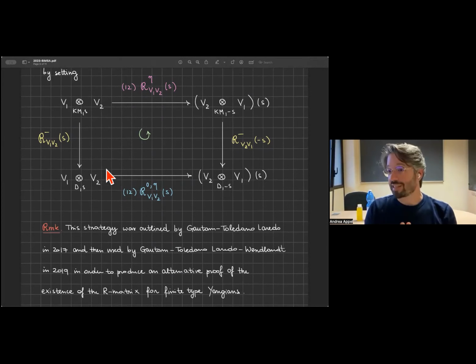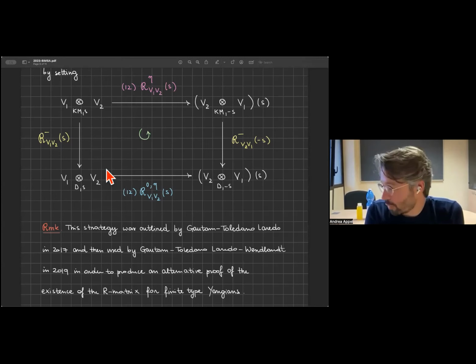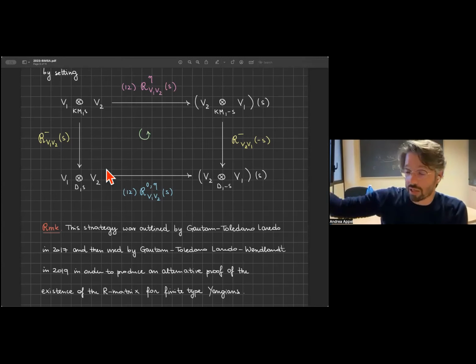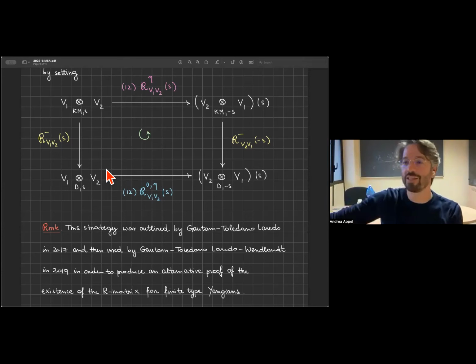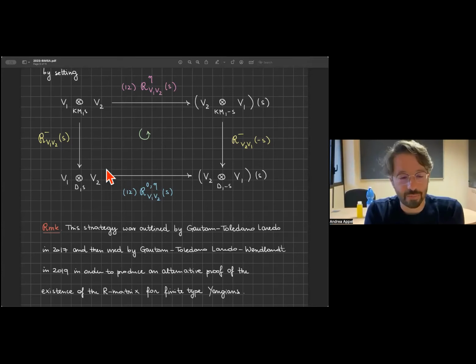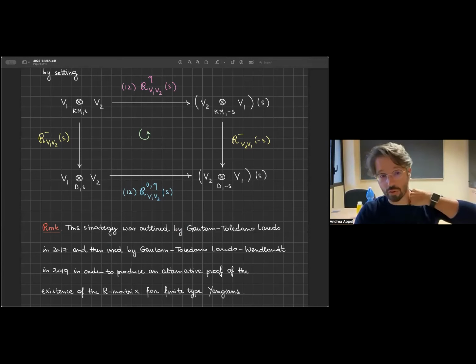But this categorical interpretation of the Gaussian decomposition, which I think already got some insight on the quantum loop side in the work of Hernandez, was essentially spelled out in a 2017 work by Sachin Gautam and Valerio Toledano Laredo.